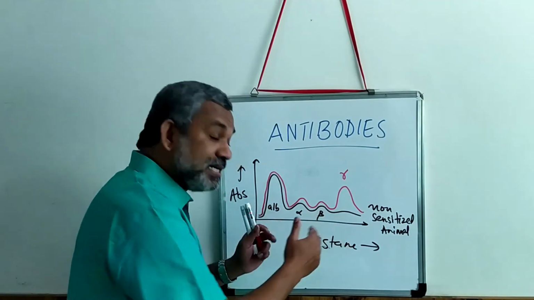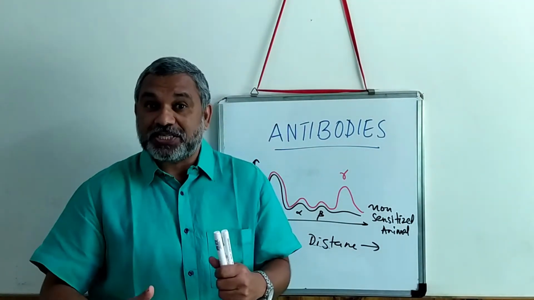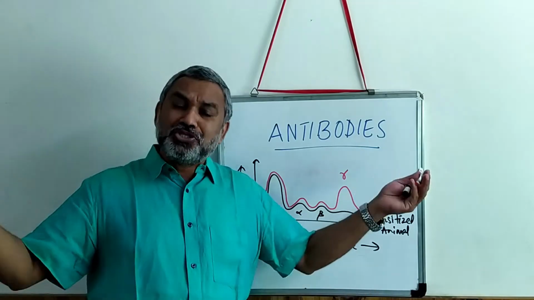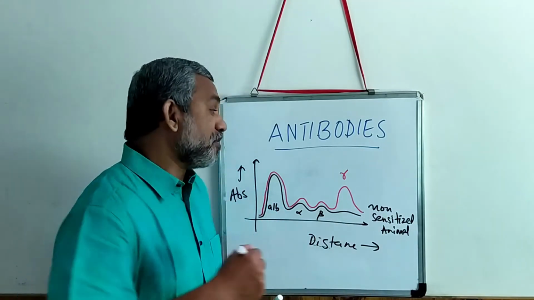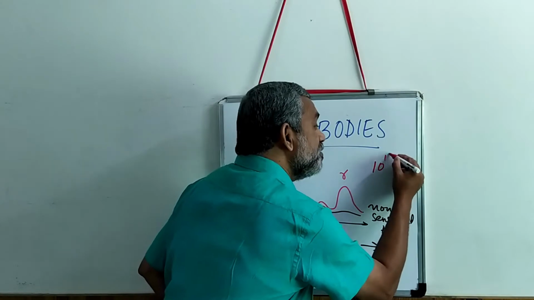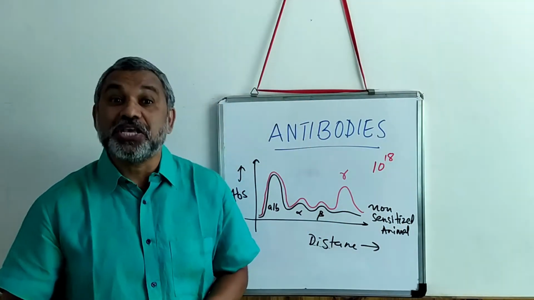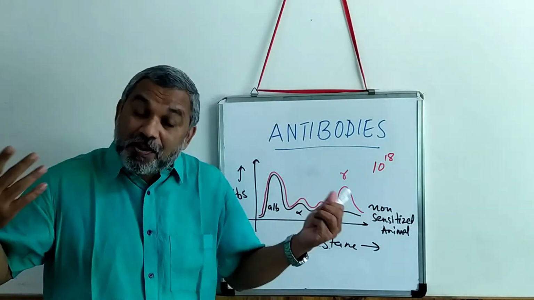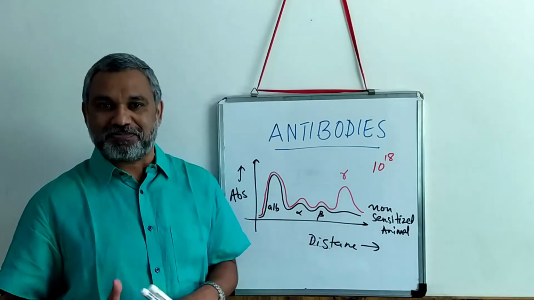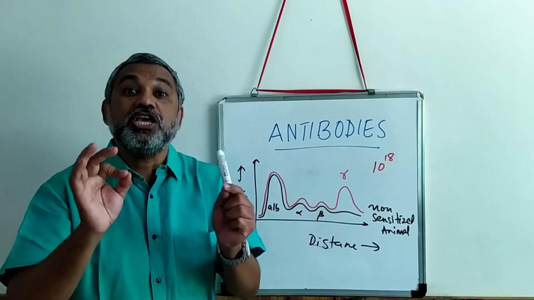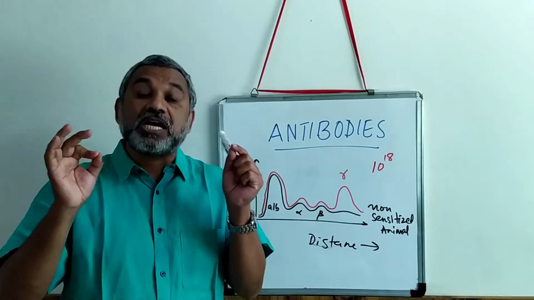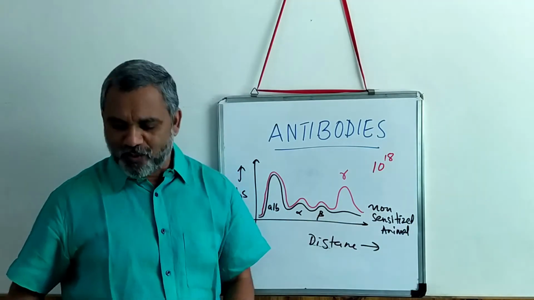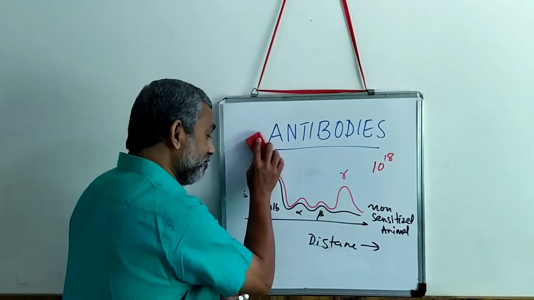Whereas when we take antibodies, we have the capacity to produce a huge number of them. Roughly, it is estimated that we can produce 10 raised to the power 18 types of antibodies through a process of rearrangement. This is in order to meet the requirements of the variety of antigens one may encounter in life.